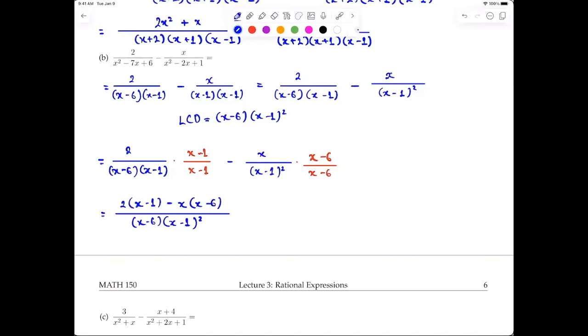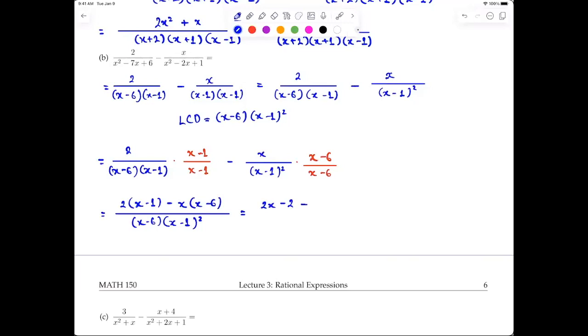So now the next step is to simplify the numerators as much as you can. Any questions? Okay, so here's what we do. You distribute the 2, so you get 2x minus 2. Then for the second term, you have negative x times x minus 6. So negative x times x, you get negative x squared. Then negative x times negative 6, you get positive 6x.